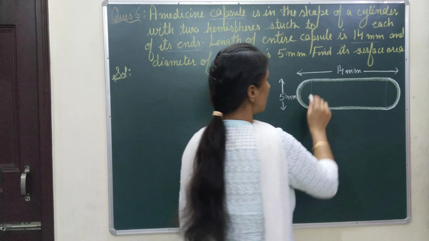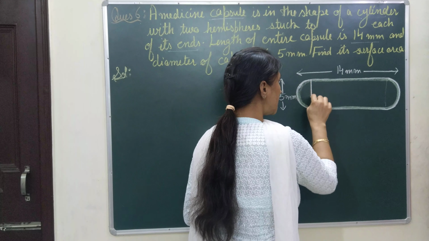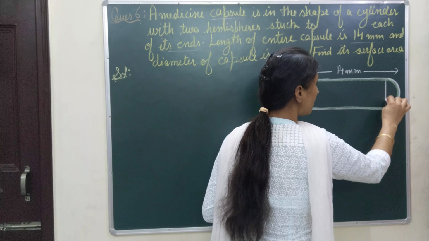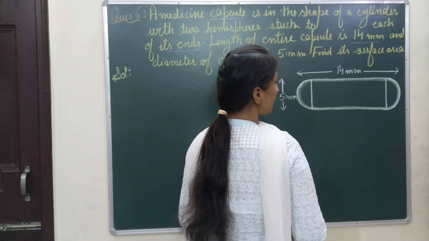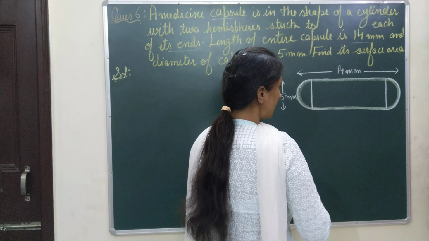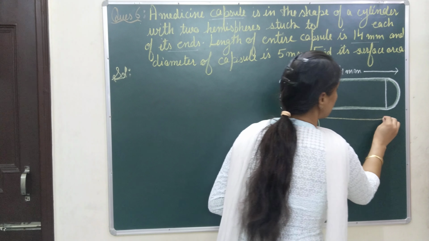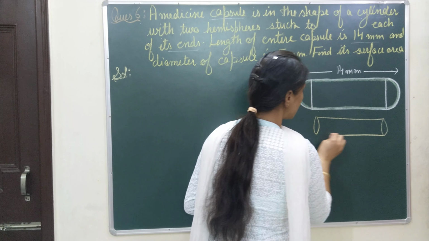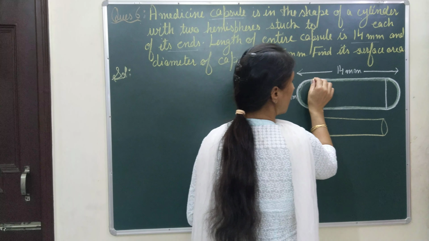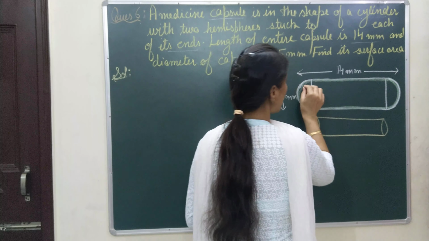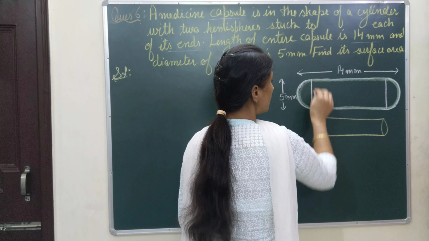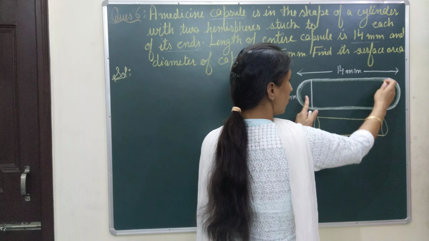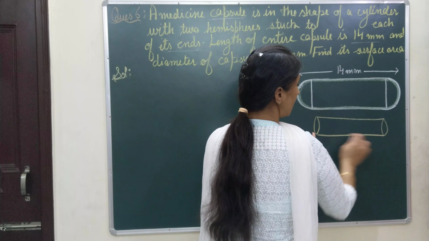Now if you see here, if I cut these two hemispherical ends from both of its ends, then what shape will be remaining? I will be left with one cylinder of this much size. If I am cutting these two hemispheres from both the ends of this capsule, a cylinder will be left of this much length.